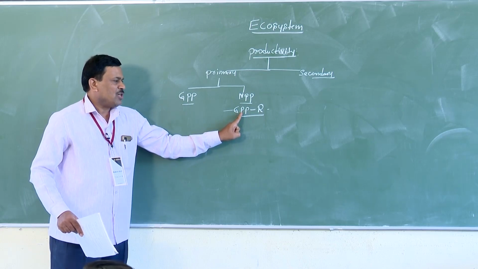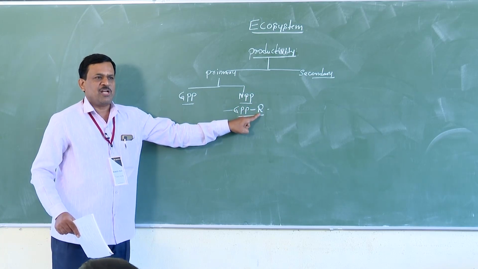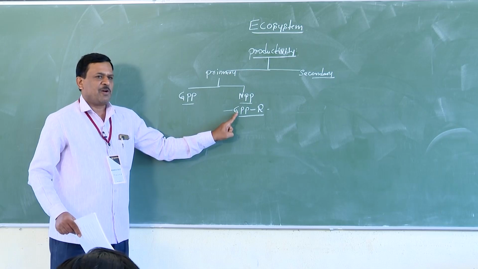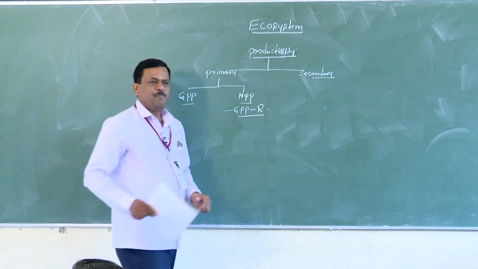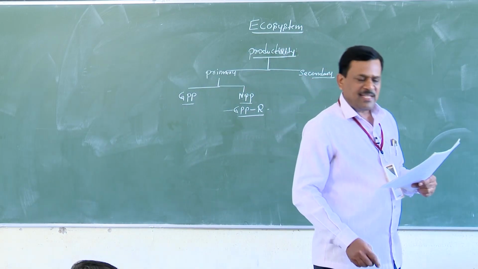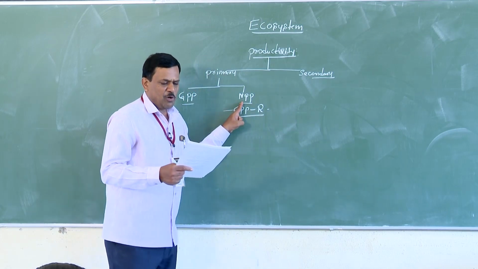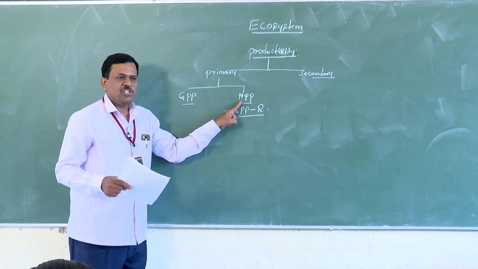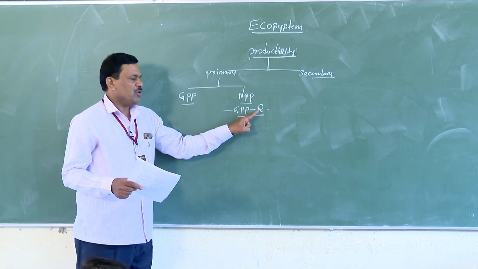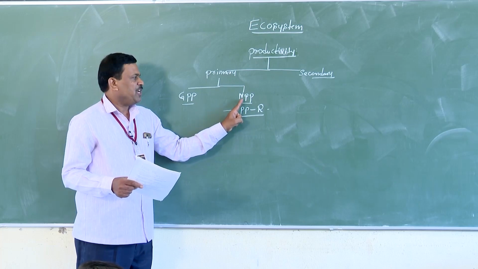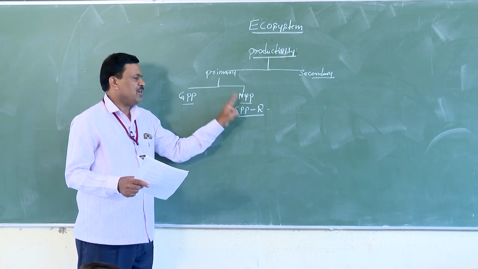GPP minus R, where R is the rate of respiration, is called NPP. Symbolically, write down: GPP minus R equals NPP. The amount of energy left in the producers after utilization of some energy for respiration.